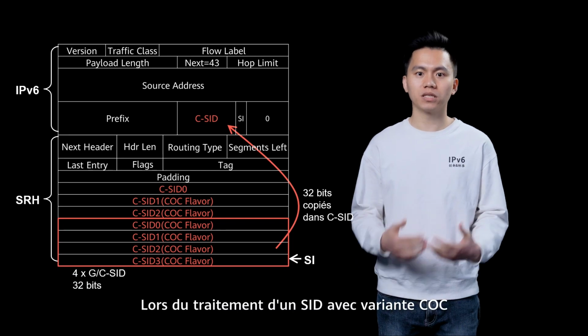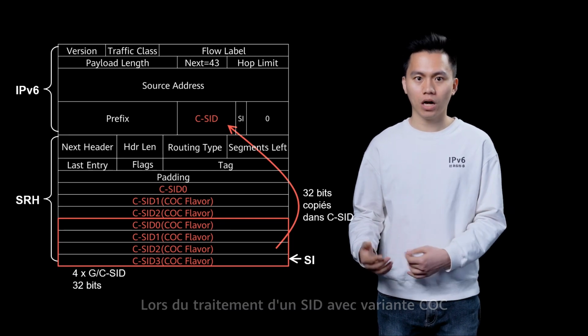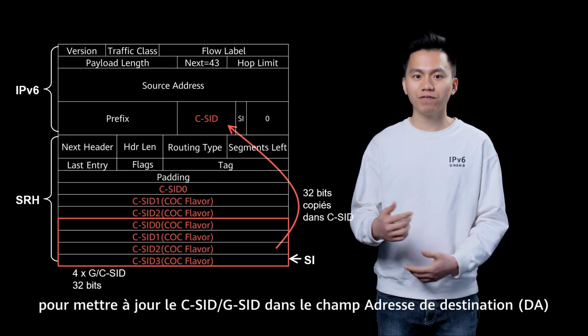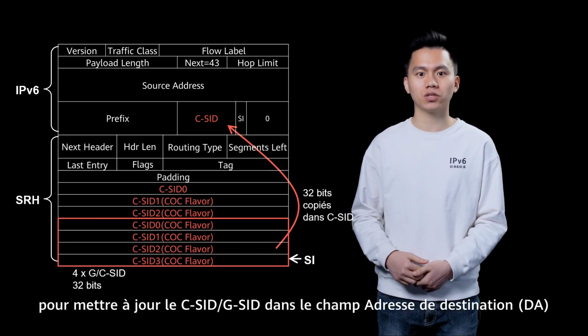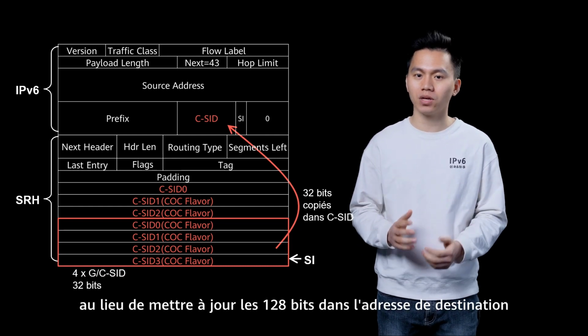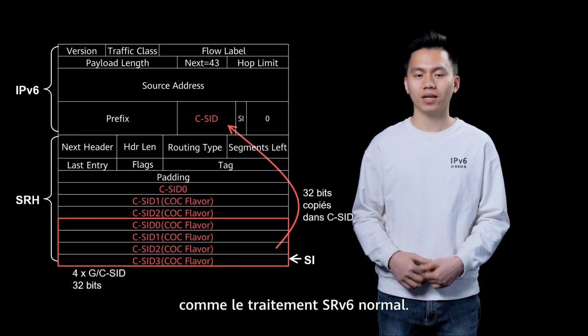When processing a SID with the CoC flavor, a node will use the next C-SID in the segment list to update the C-SID in the destination address field, instead of updating the 128 bits in the DA as in normal SRv6 processing.